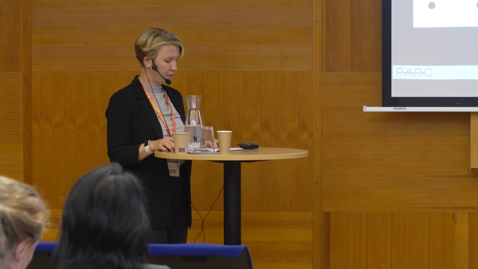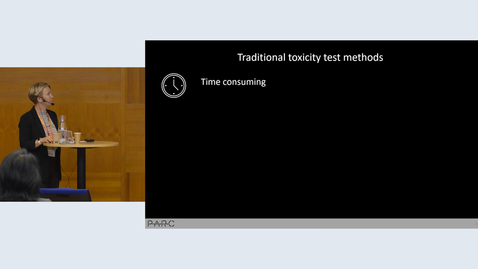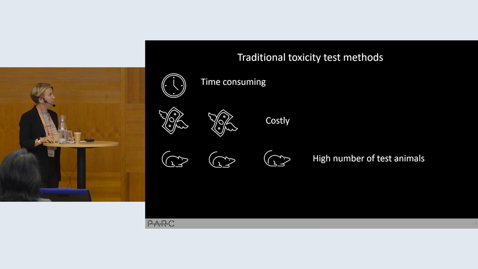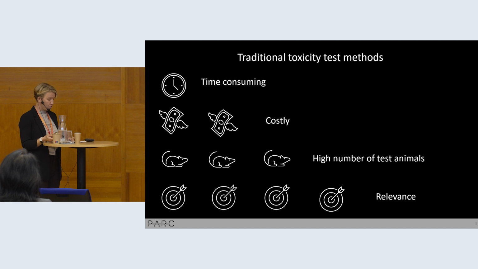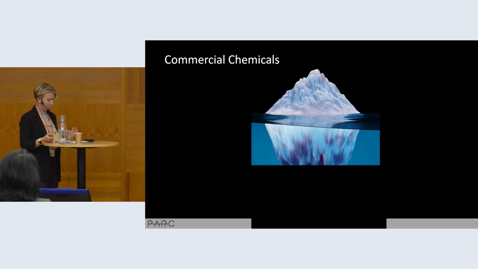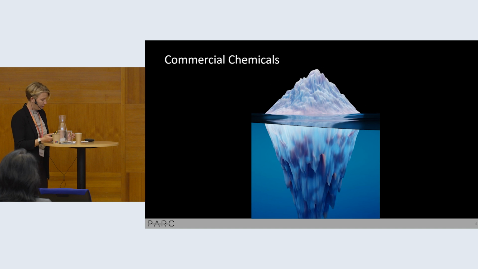And traditional toxicity test methods are very time-consuming and costly. They require a very high number of test animals, and there's always the question of relevance. So if we consider the iceberg of chemicals available on the market, the part of the iceberg above water is the part of the chemicals that we actually know something about.